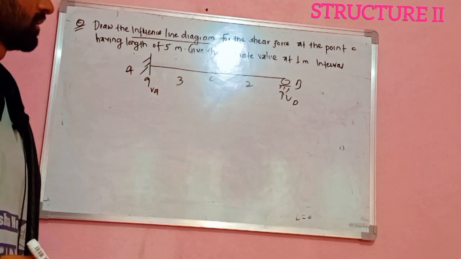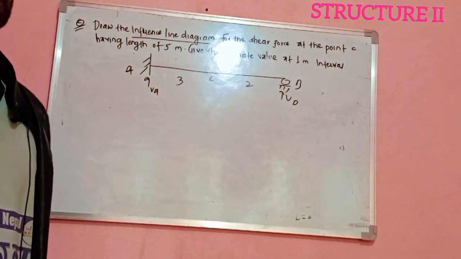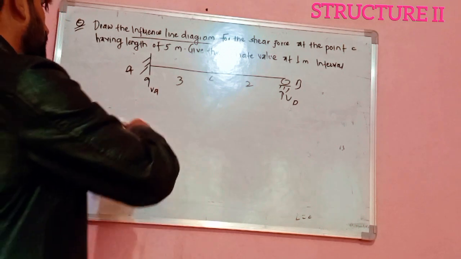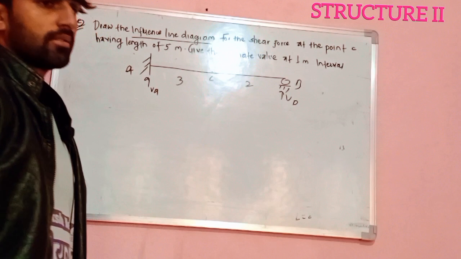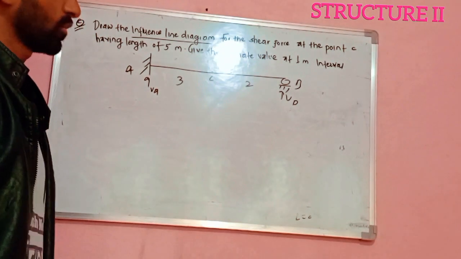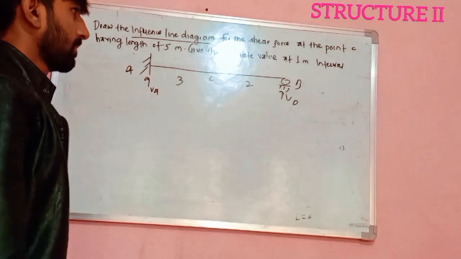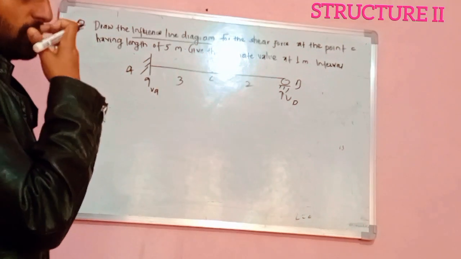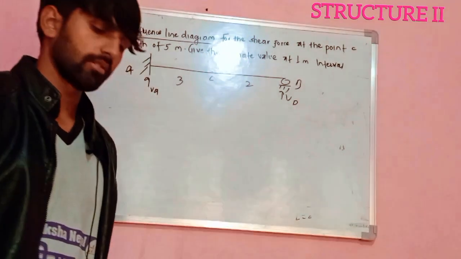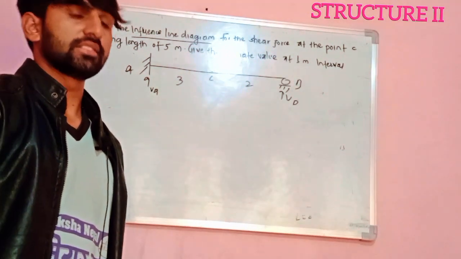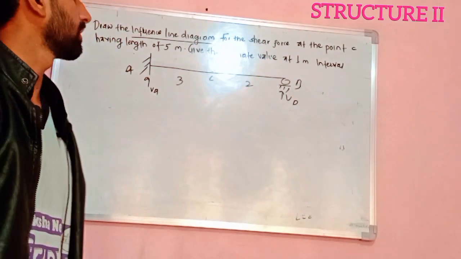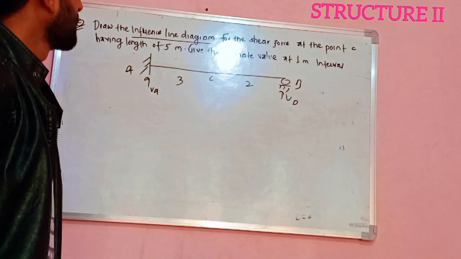And if you don't know, this is a propped cantilever beam, because one end is fixed and the other end is roller or hinge. And this question I'll be solving by using the Muller-Breslau principle. It is one of the easiest concepts to solve indeterminate structures.